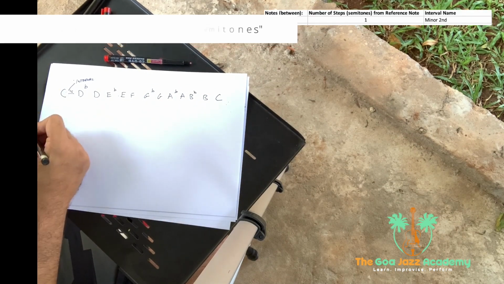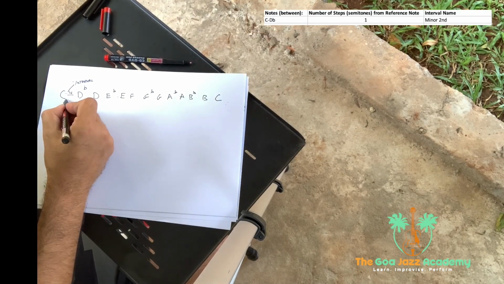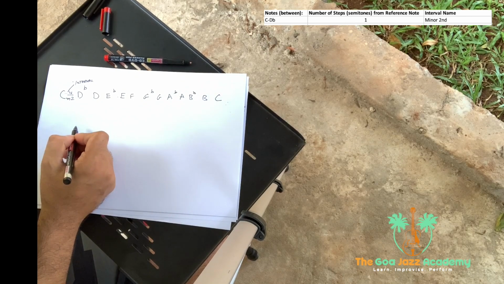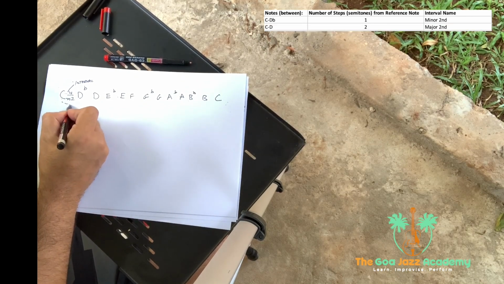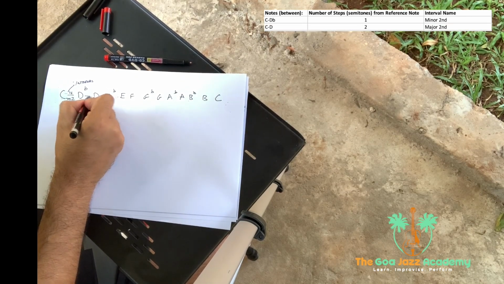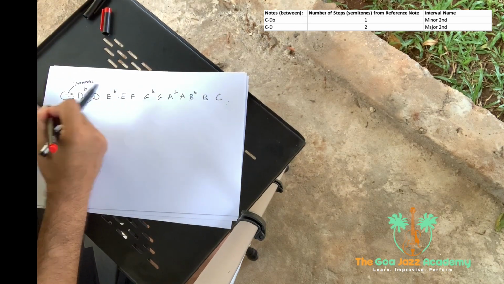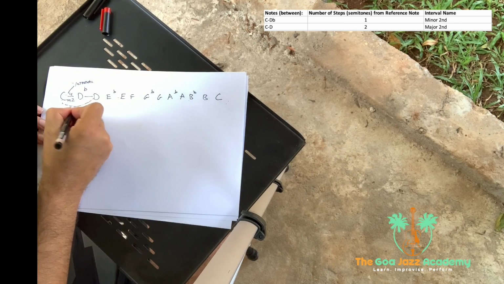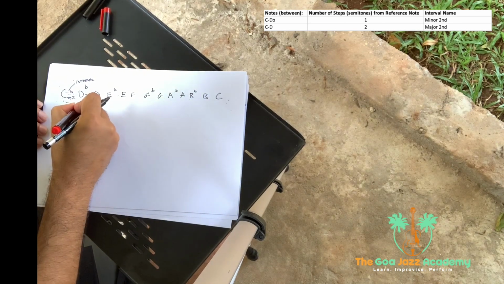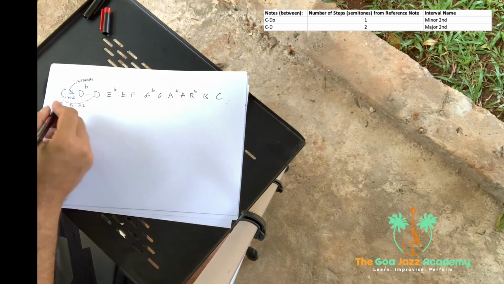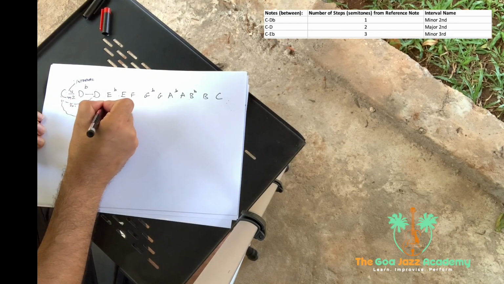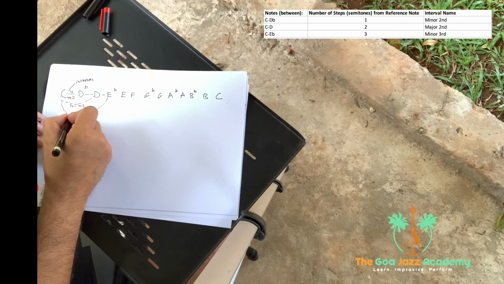Now let's just look at the interval between C and all of the others. A one-step interval is known as a minor second interval. Now a two-step interval is known as a major second interval. Now between C and E flat, okay, we have three steps.